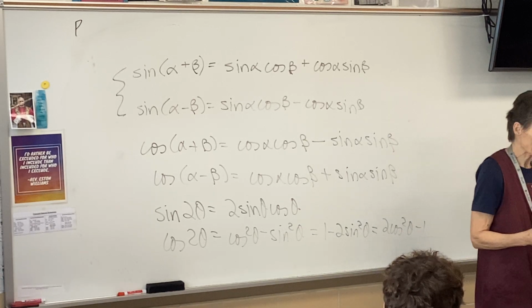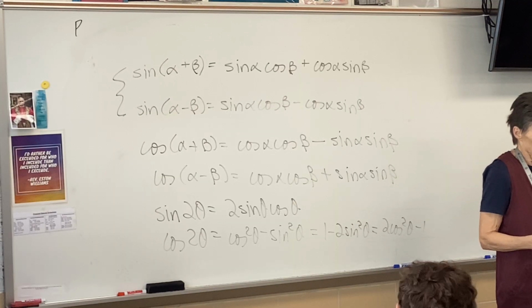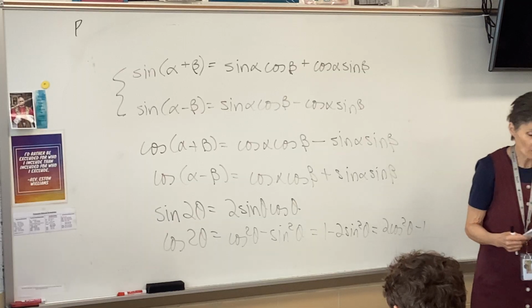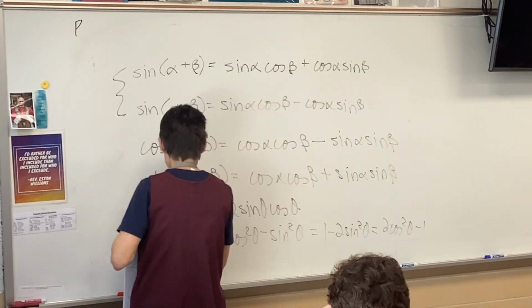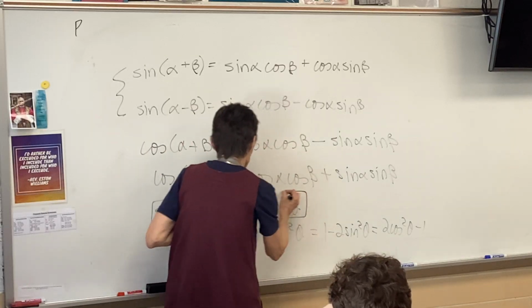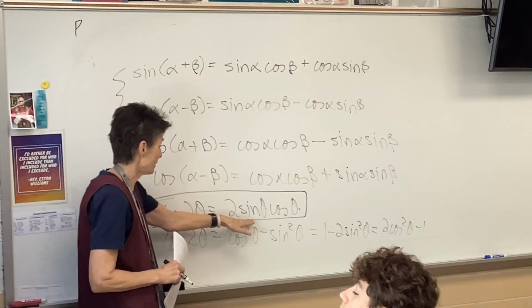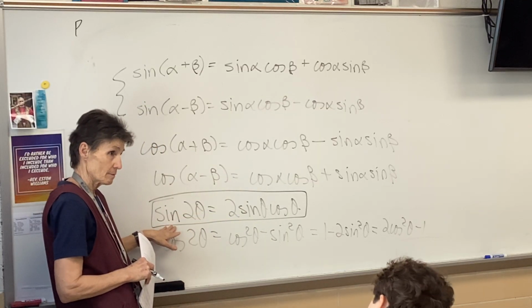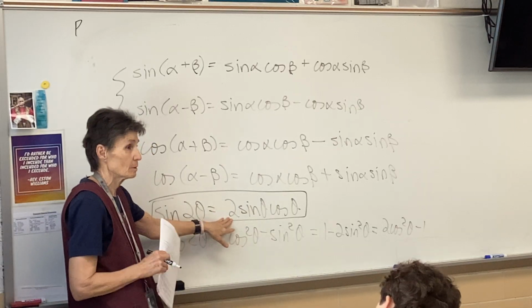Let's look quickly at example 2, just so you can see how this works. Which of the following is equivalent to the expression 2 sine cosine? 2 sine cosine is double sine, right? What's your theta in problem 2?